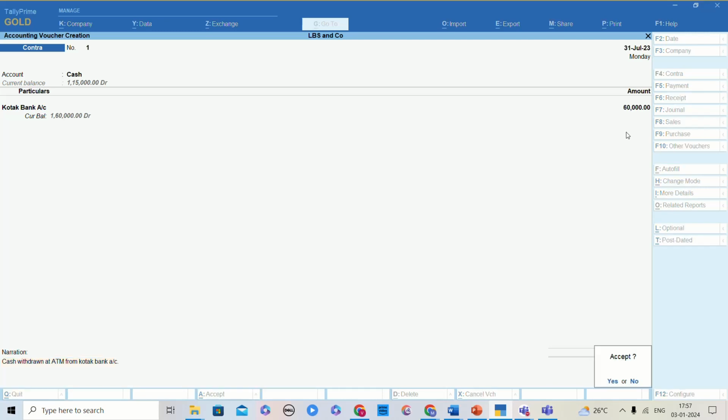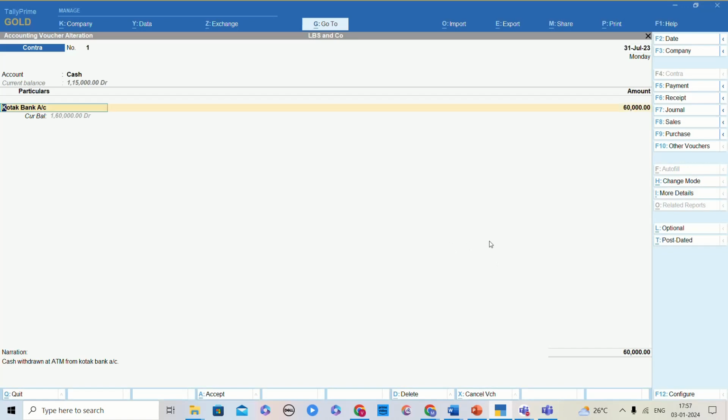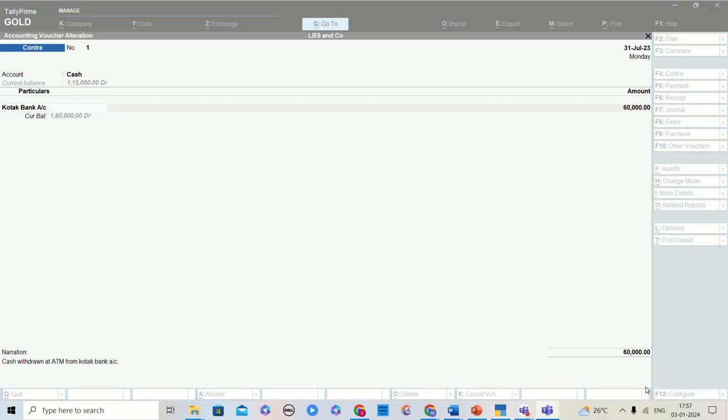Okay, you can save it. So this is how you can record the contra entry. Now record this transaction in your books.